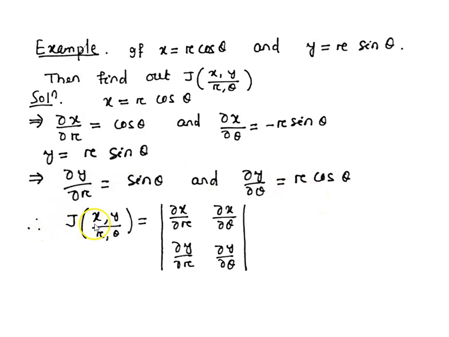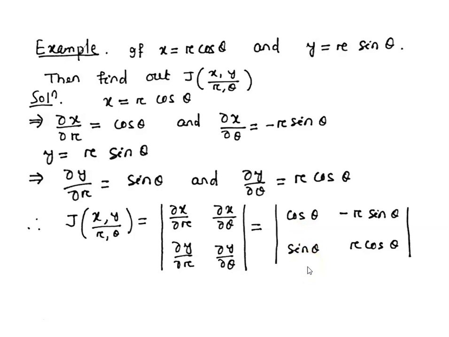Therefore, the Jacobian of x, y with respect to r, theta is the determinant of these four partial derivatives. We have seen that ∂x/∂r is cos theta, ∂x/∂theta is minus r sin theta, ∂y/∂r is sin theta, and ∂y/∂theta is r cos theta. Now putting these values inside this matrix, we have this.